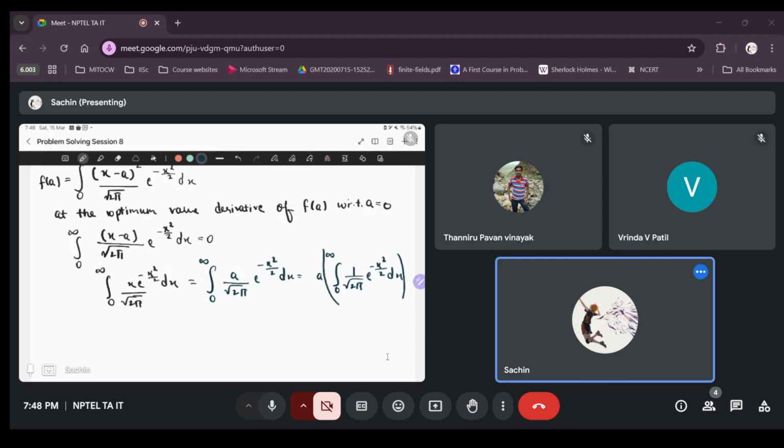So the integral from 0 to infinity is half. In that case I should just keep the 2, which is equal to 2a into half, so we get a.